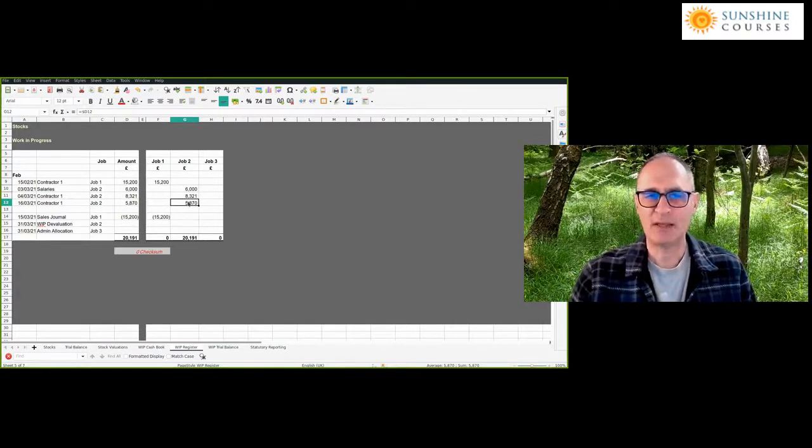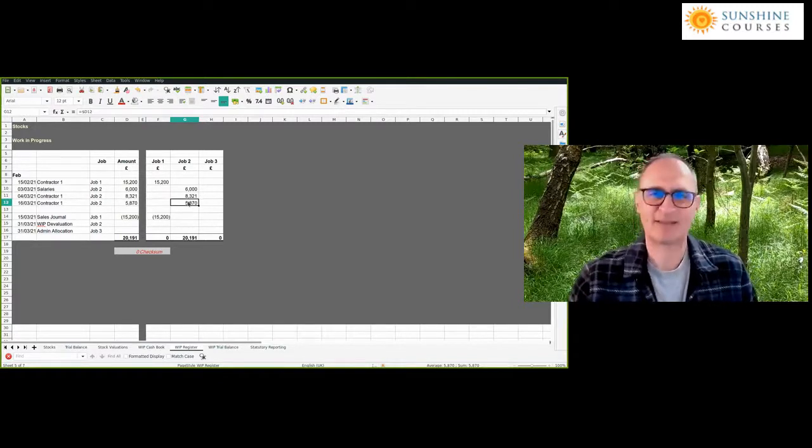It could be that the people that contracted the building from us have gone bust. Or it could be that they found asbestos in the roof and we have to remove the asbestos at our cost. And even though we've budgeted to sell for £30,000, it's going to cost us £20,000 to remove the asbestos. That's an example of why our net realizable value might be lower than our current cost. And in this case, I want our net realizable value to be £10,000.